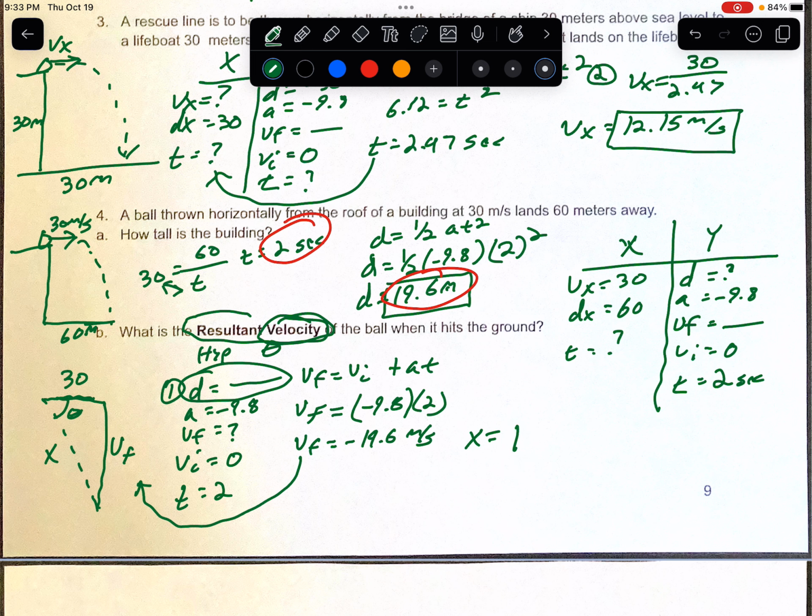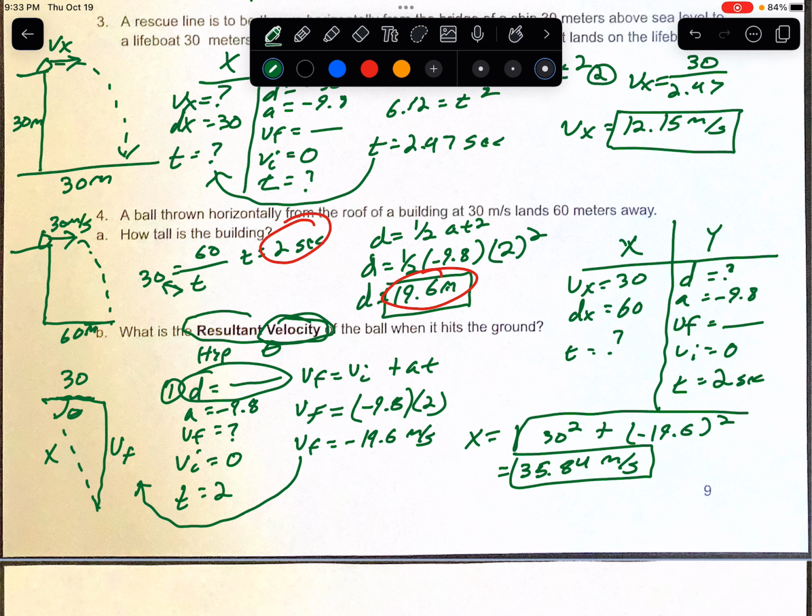So we're going to do the square root of 30 squared plus our negative 19.6 squared. Okay, so that's going to give me a velocity of 35.84 meters per second. Now again, since it's falling, if you wrote negative 35.84, that's totally fine.